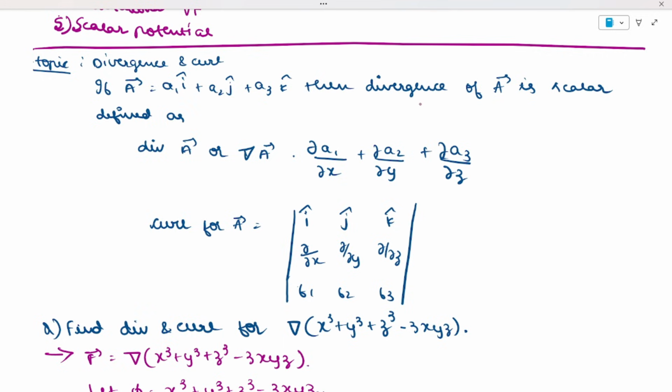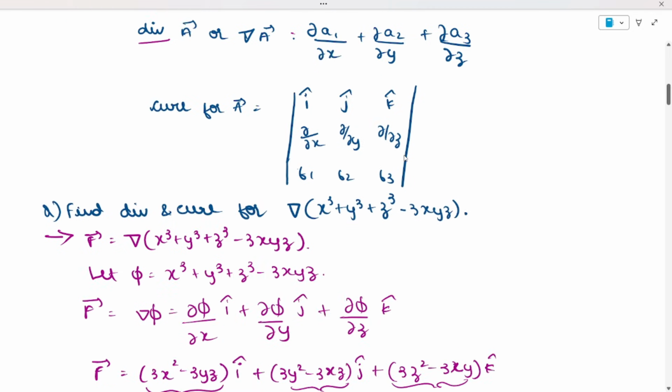Then if you take the divergence of that, it is a scalar component, defined as divergence of A, or gradient dot A, which is equal to partial derivatives. You know this dou, or del, represents the partial derivative of a1, that is the first component with respect to x, the second component with respect to y, the third component with respect to z. That is for divergence.